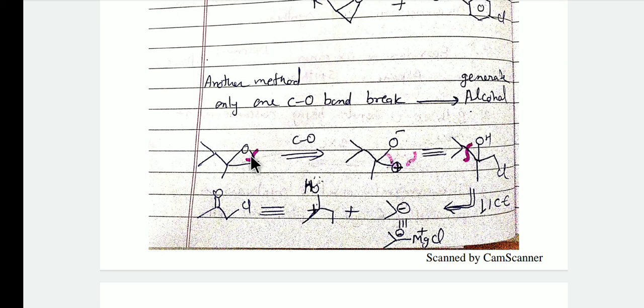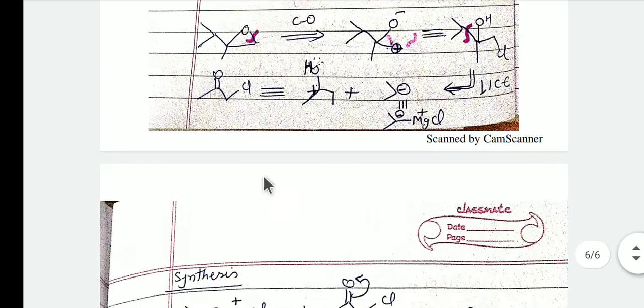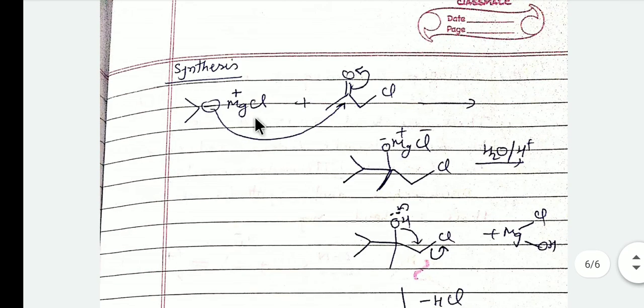Now the synthesis of our target molecule can be illustrated by this. Here this is the starting material which can be obtained by the disconnection of the target molecule. In this structure the oxygen is more electronegative than the carbon atom, so the bonding electron is displaced towards the oxygen atom, and this oxygen gets a negative charge and this carbon atom gets a positive charge.